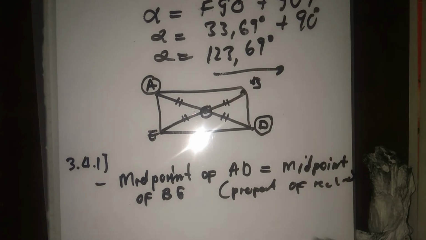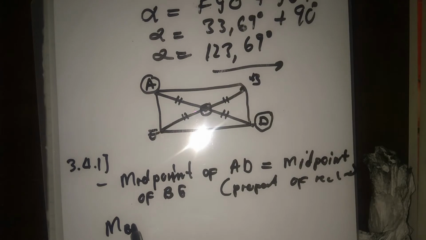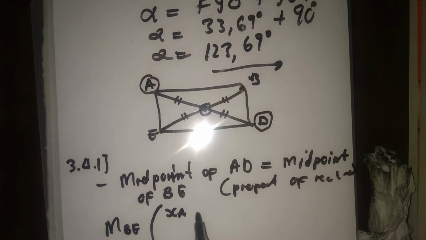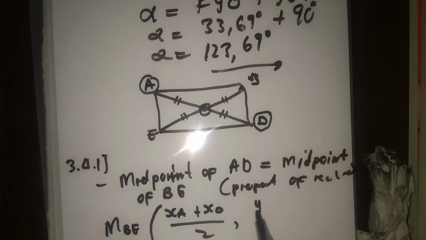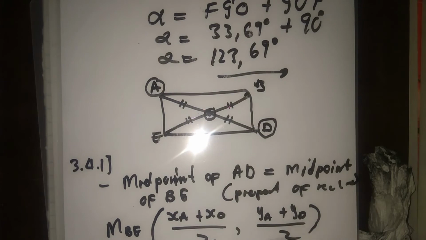Then you calculate again. The midpoint of BE is what now? XA plus XD divided by 2, YA plus YD divided by 2.